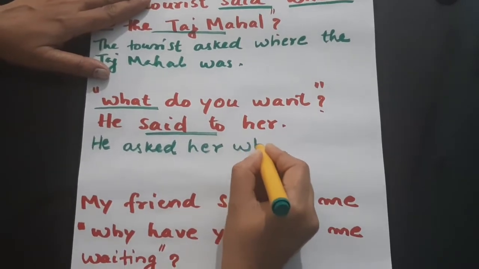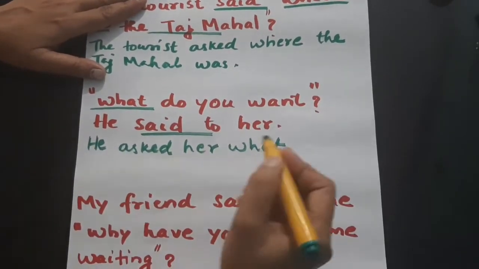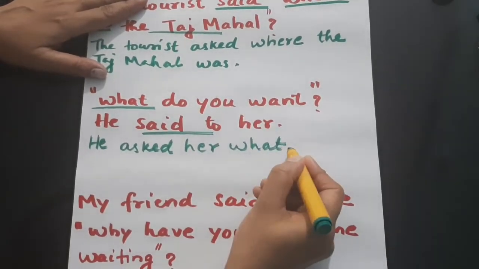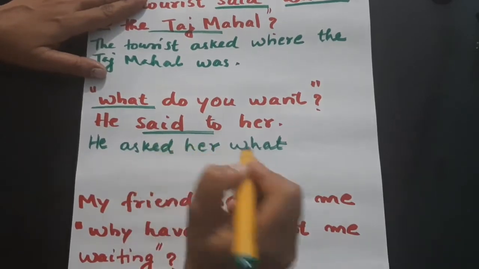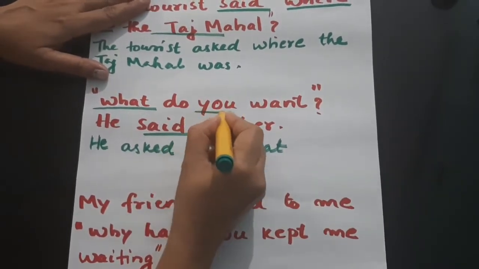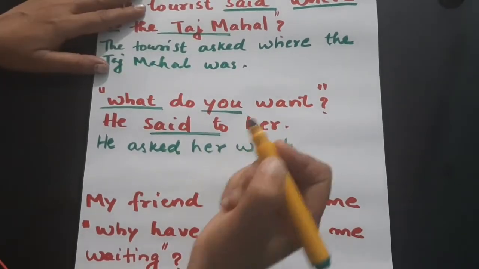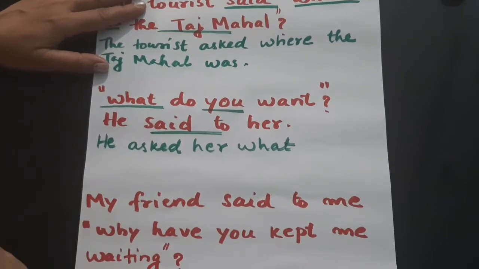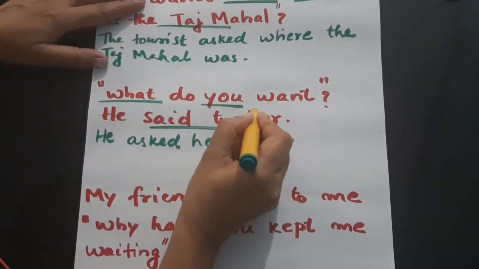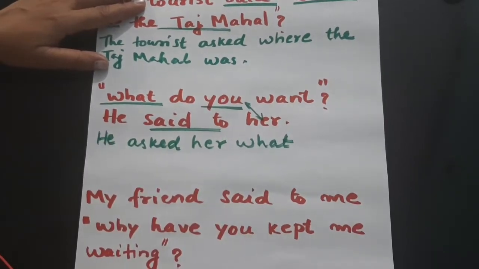He asked her what, following the question word, what to use? What is it? That is the subject. See here, the subject is you. You means, he said to her.